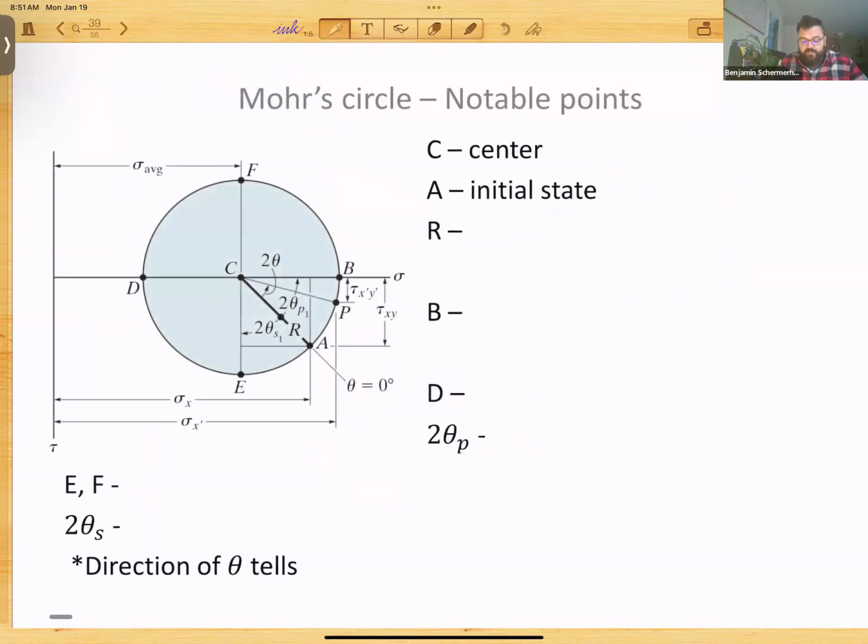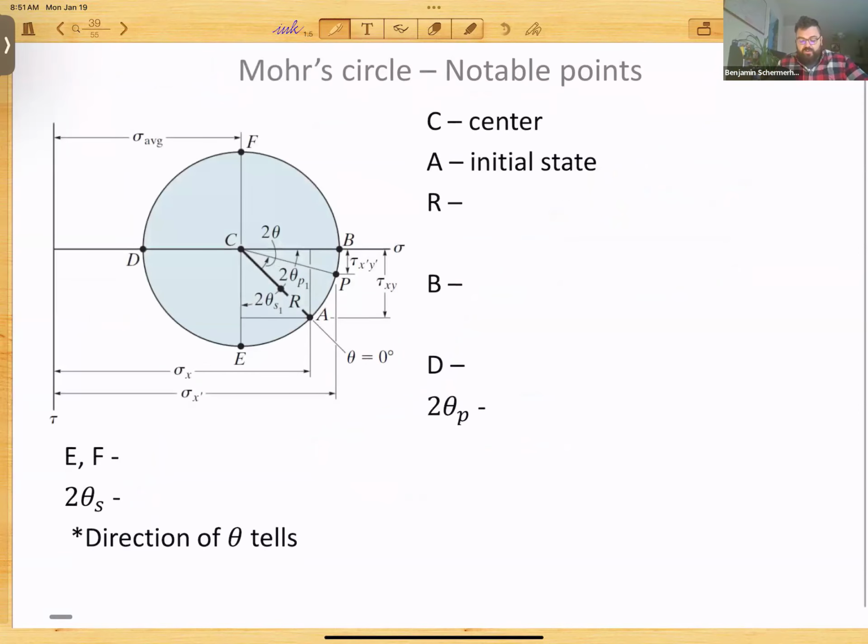So let's summarize. I have the picture from the textbook, which essentially just shows all of the stuff that we just looked at, as well as a generic element P, which we can find pretty easily as well. So the first thing I want to do, acknowledge our sigma average is sigma x plus sigma y over 2.